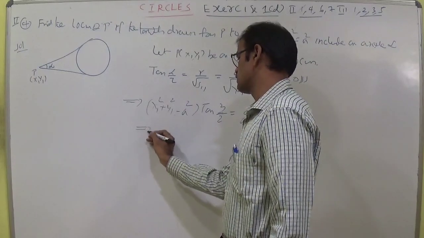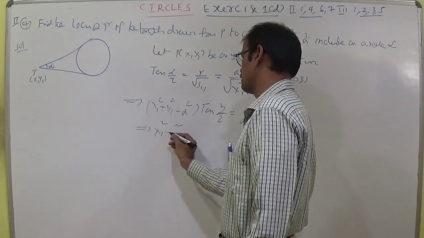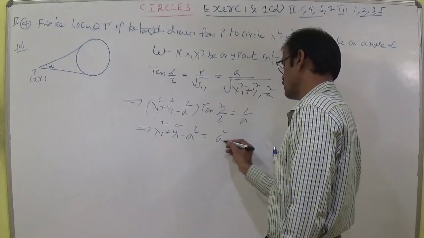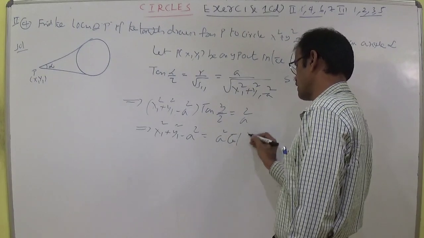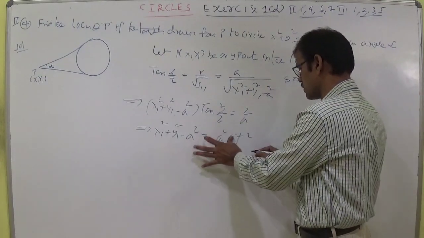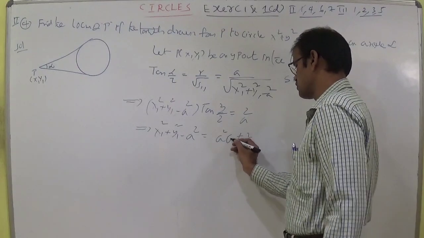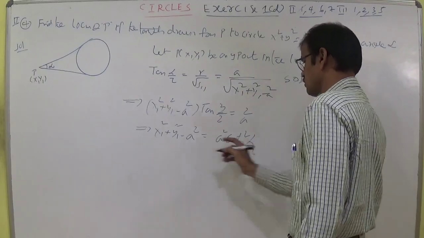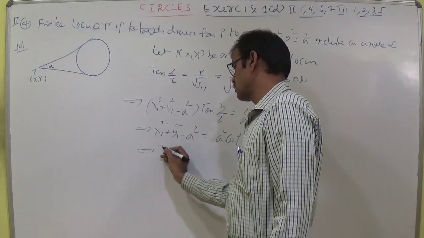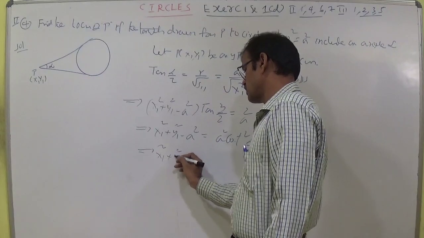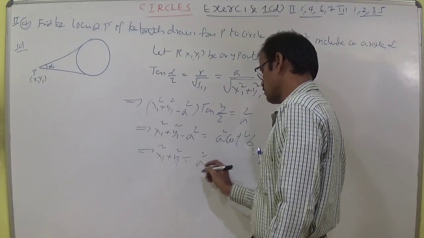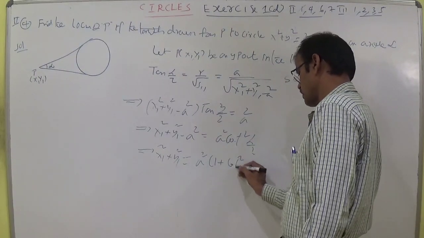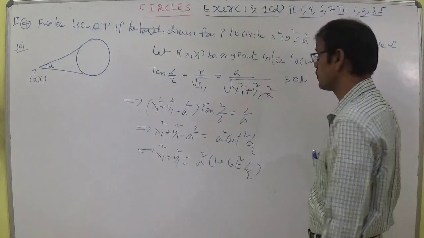That implies x1 square plus y1 square minus a square is equal to a square into cot square alpha by 2, since taking tan square to the right side it becomes cot square alpha by 2. Minus a square taken to this side. So you can take common: x1 square plus y1 square is equal to a square into (1 plus cot square alpha by 2).